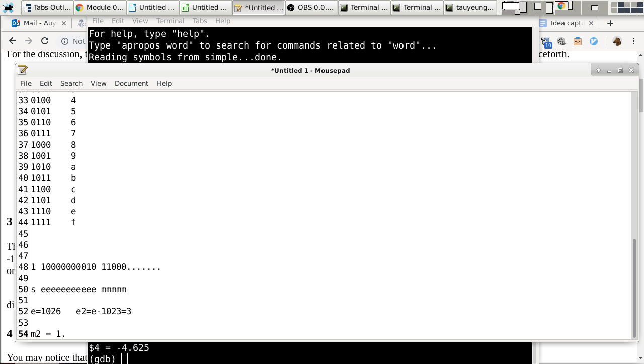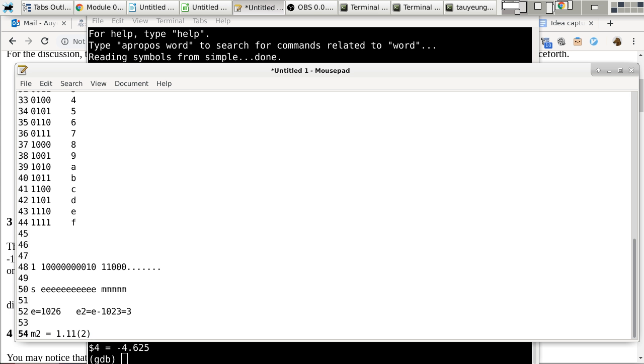Regardless of the actual bits inside the double, M2 is always 1 point something, because what is included in the double itself is the fractional part of the mantissa. So what bits should I copy over to the right-hand side of the point? Just a 1, 1, and then a bunch of zeros. I'm just going to say 1, 1 here. It's 1, 1 in base 2.